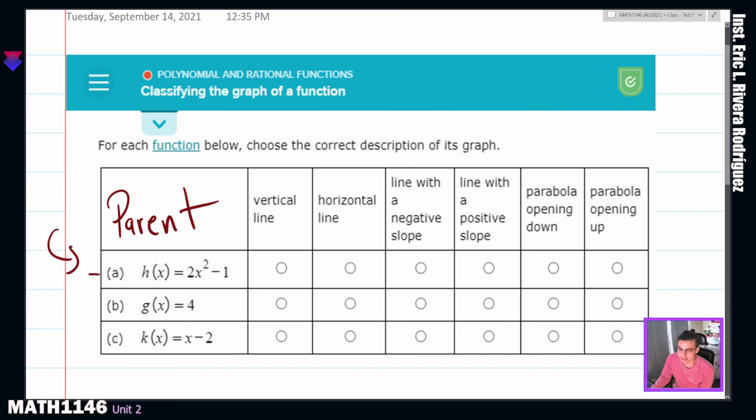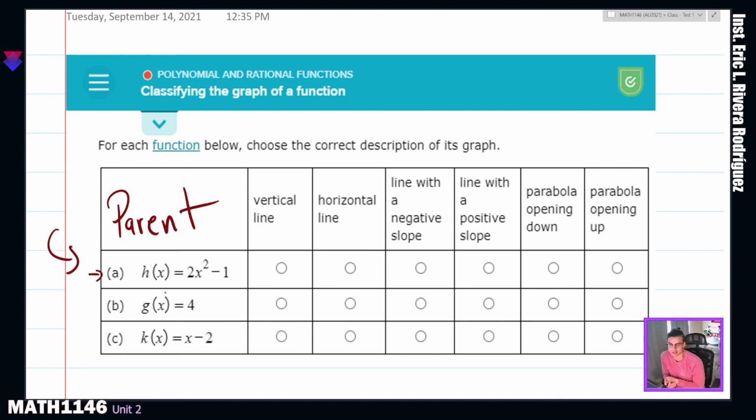Can someone tell me the name of the first function here? If you do not know it yet, that's okay. If you know the name of the first function, you can write it in the chat. I'm going to give you 30 seconds.